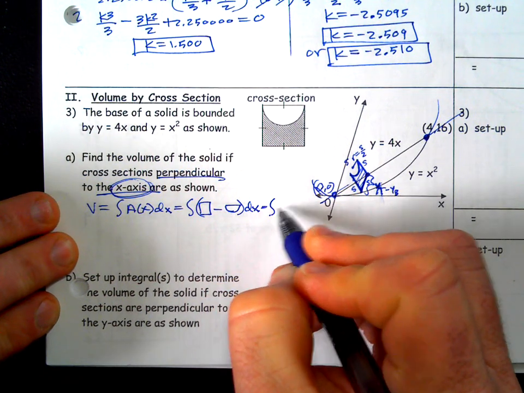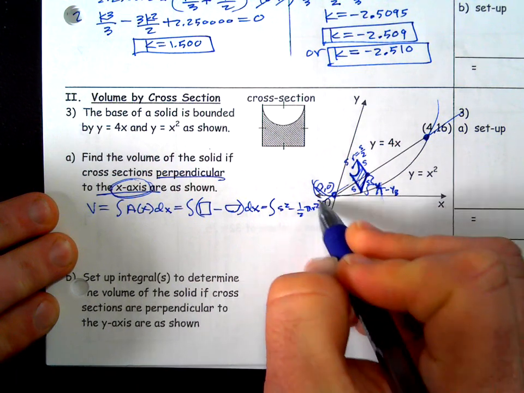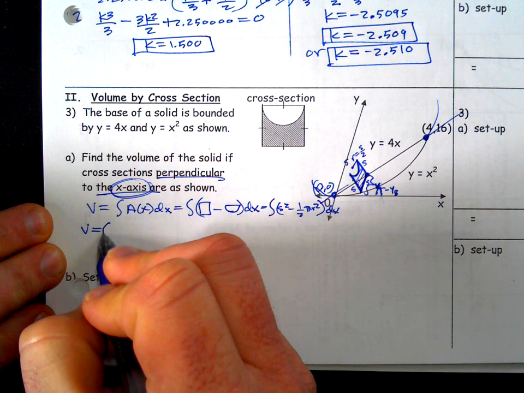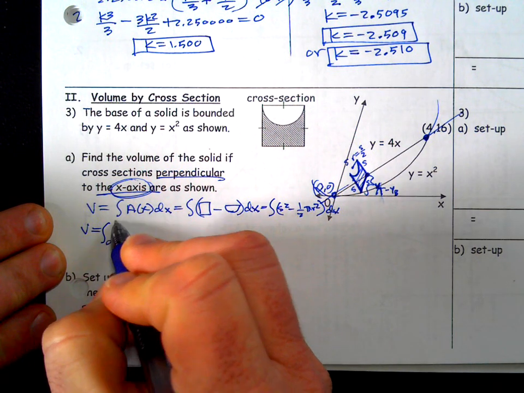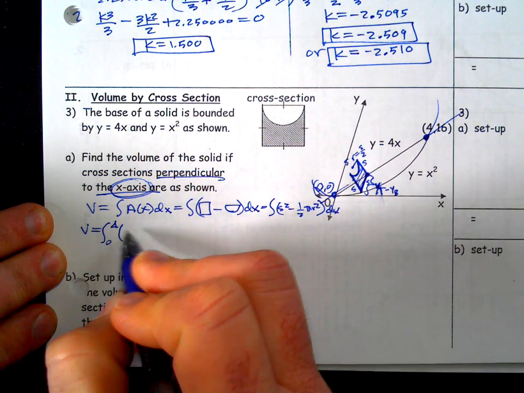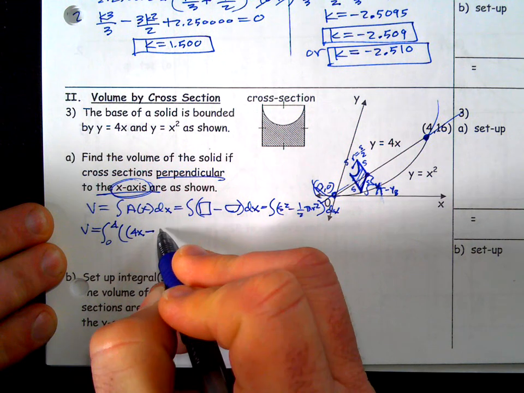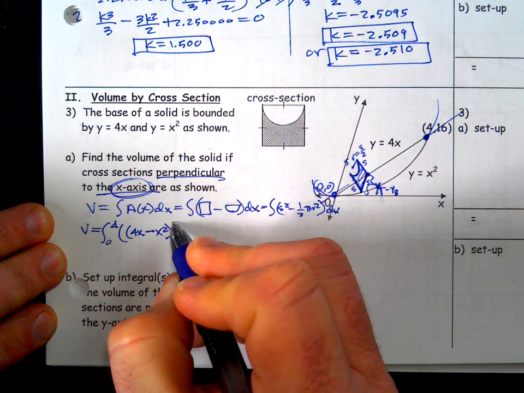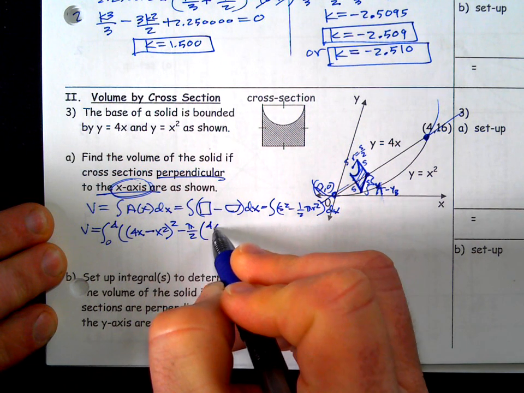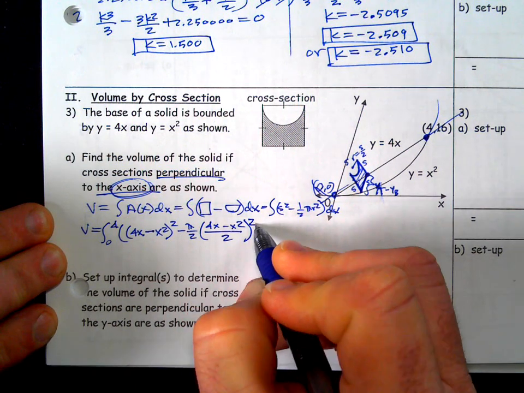It's going to be side squared minus 1/2 pi r squared dx. We're integrating in the x direction, 0 to 4. The side is y top minus y bottom. Y top is 4x minus x squared minus pi over 2 times 4x minus x squared divided by 2 before you square it. People forgot that, dx.